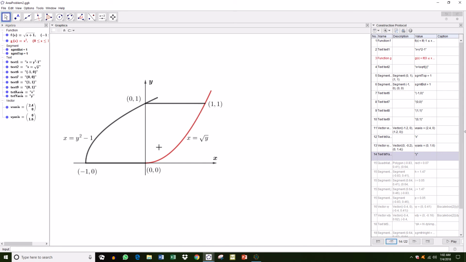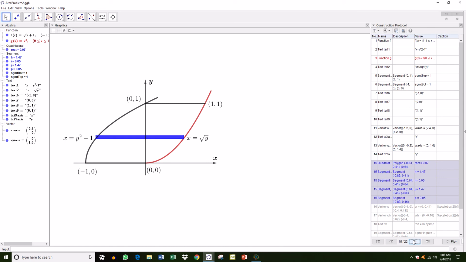Okay, if you recall, the first step in this process is which way should we orient the rectangle? I'm sure you would agree that the rectangle needs to be horizontal, which means we are going to integrate all the way from the bottom to the top.